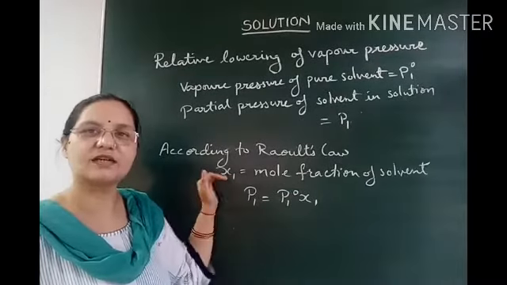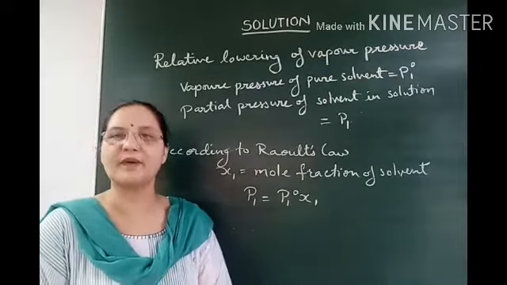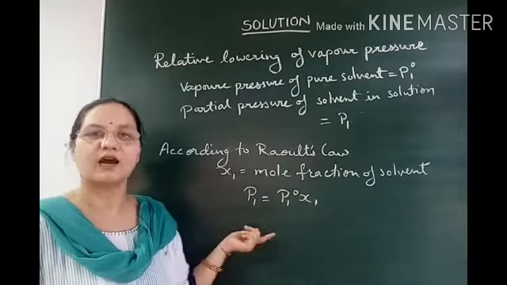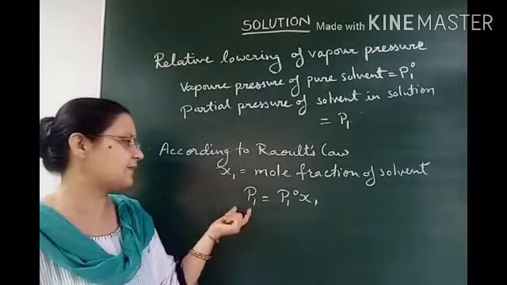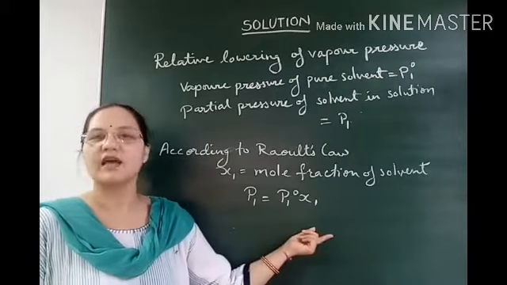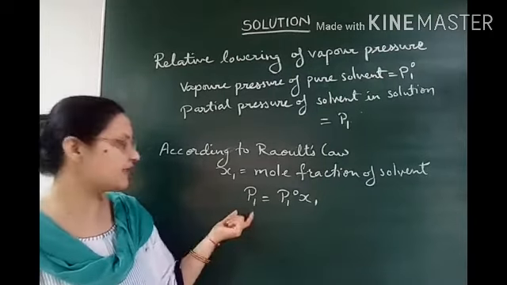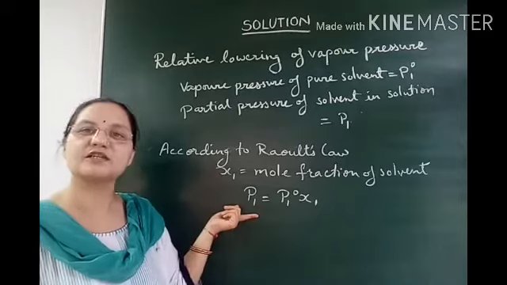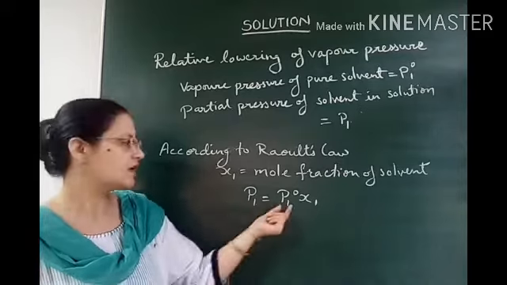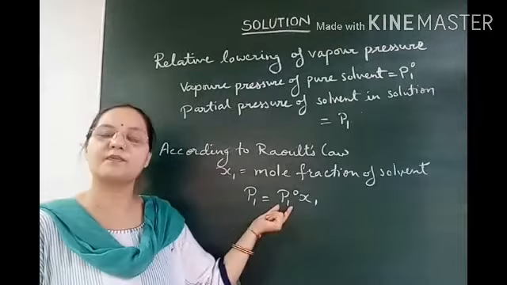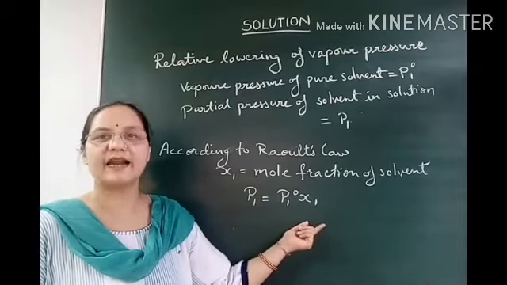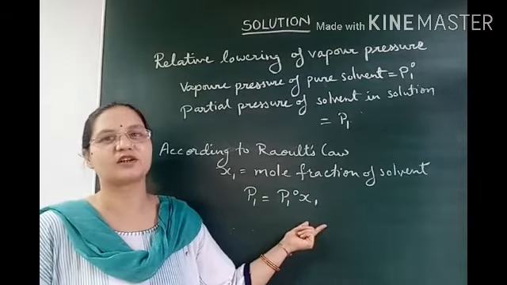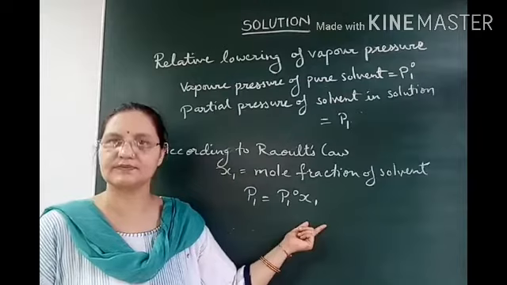If X1 is the mole fraction of the solvent particles in the solution, according to Raoult's law, we can say that P1 is equal to P1 naught X1, where P1 is the partial pressure of solvent in solution, P1 naught is the vapor pressure of pure solvent, and X1 is the mole fraction of the solvent particles.